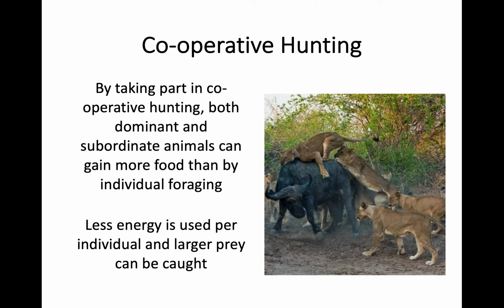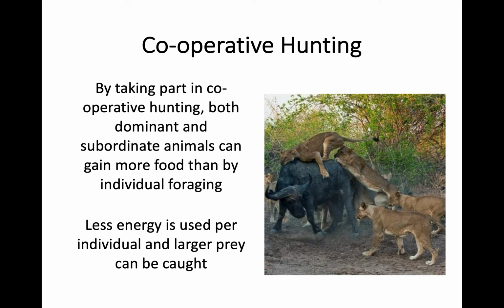Regardless of how they go about it though, by taking part in cooperative hunting, there's a range of advantages for everyone in this group. Both dominant and subordinate animals will gain more food than if they just foraged on their own. So you're all going to get a meal, whereas if you all just went off and did your own thing, some animals would successfully hunt and catch prey, whereas others might go hungry.